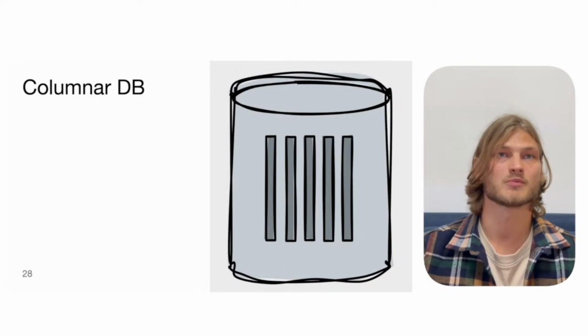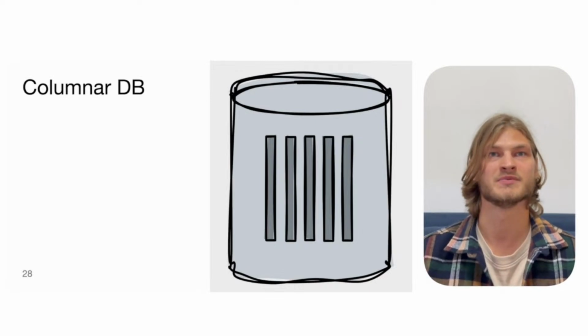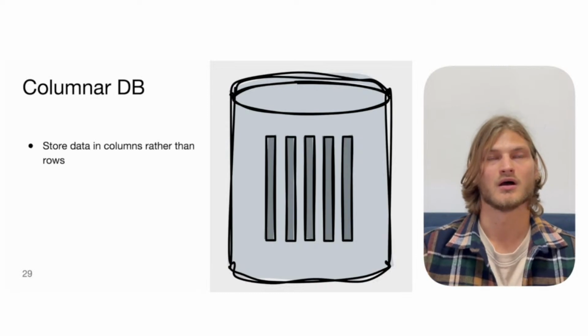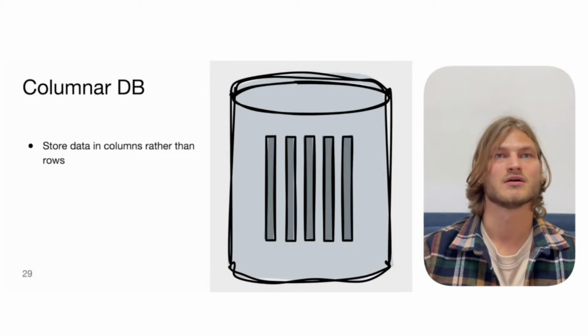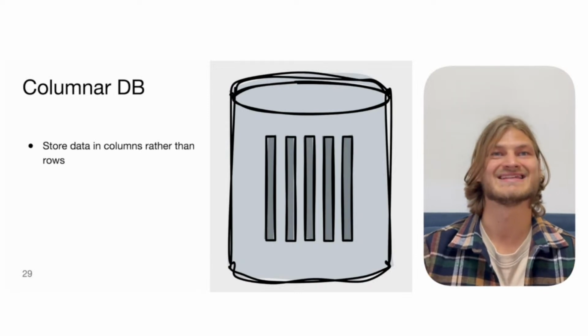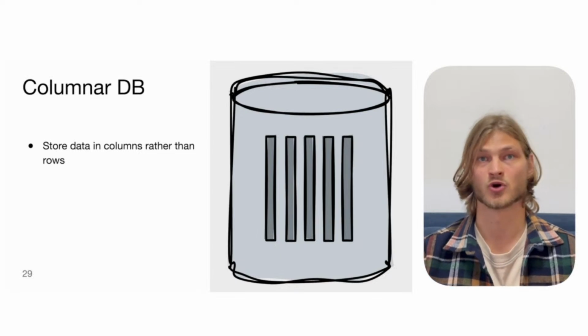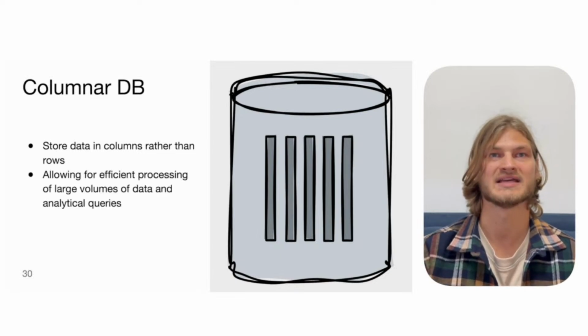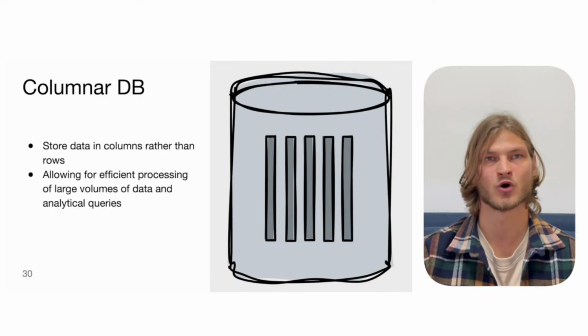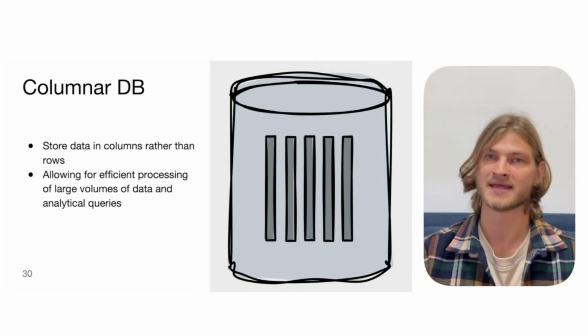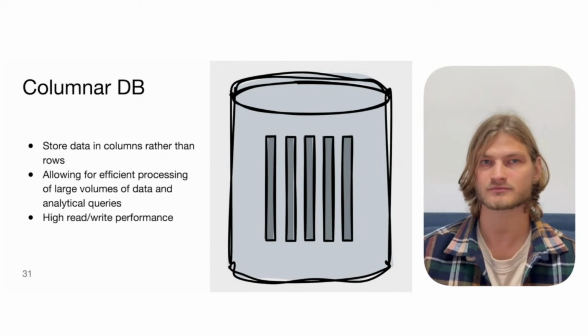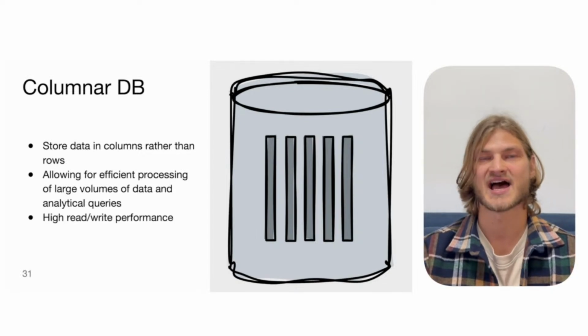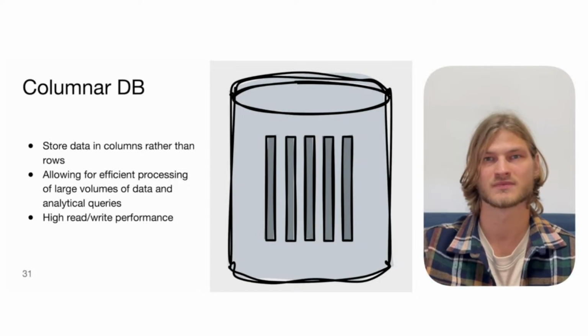So let's talk about Columnar DB. So what is it? In Columnar DB, data is stored in columns rather than rows, allowing for efficient processing of large volumes of data and analytical queries. It has high read and write performance.